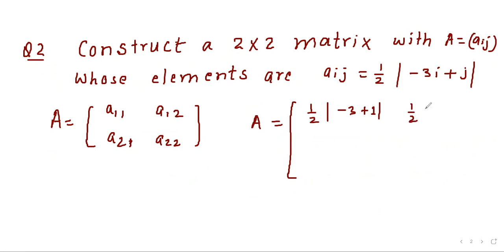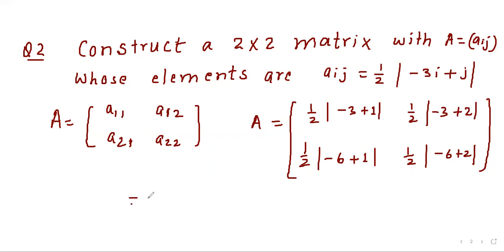Then half of modulus of minus 3 plus 2, because i equal to 1 and j equal to 2. Then again 1 by 2 modulus of minus 3i, triple of 2, so it will become minus 6 plus 1. And then 1 by 2 modulus of minus 3i, triple of 2, that is minus 6 plus 2.